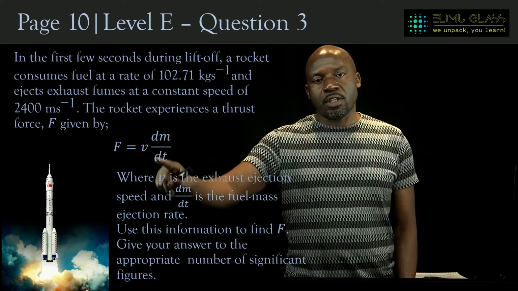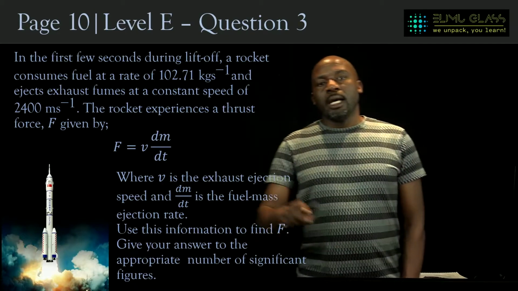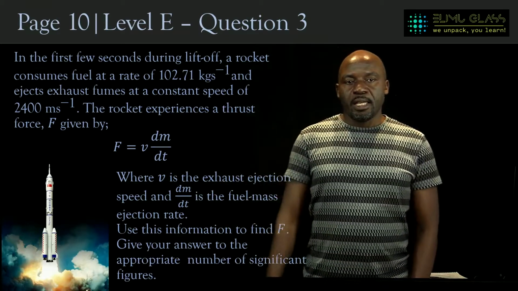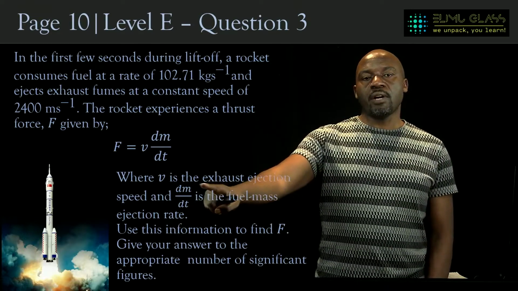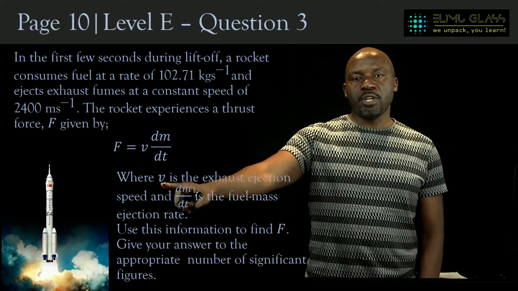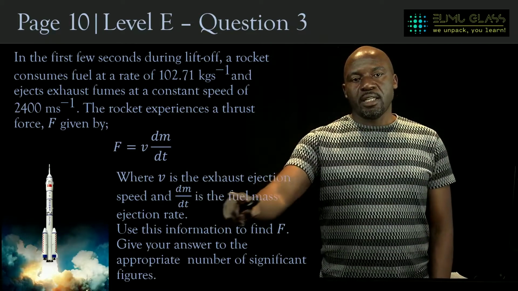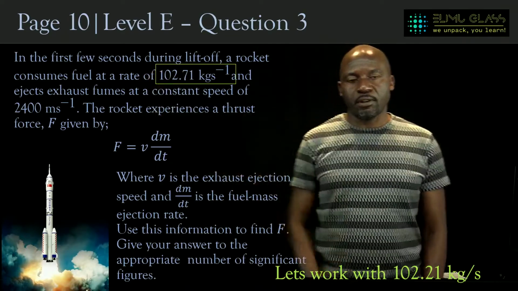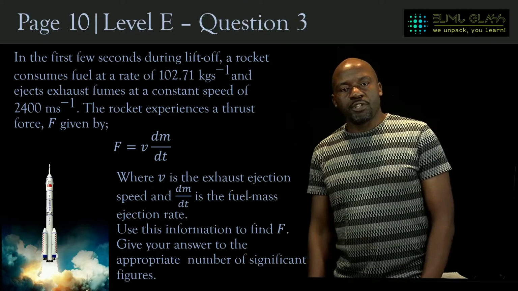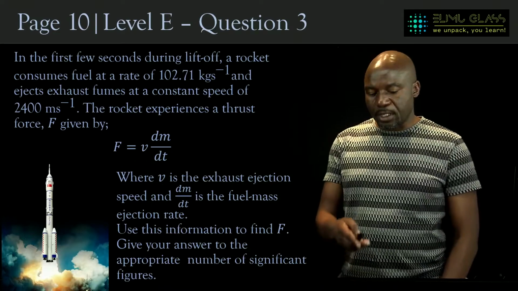We will say what this means. You should not worry about it. Where V is the exhaust ejection speed, in other words, the speed with which the fuel is being ejected, which we've been given here. And dm by dt is the fuel mass ejection rate, which we've also been given. All right? Use this information to find F and give your answer to the appropriate number of significant figures.